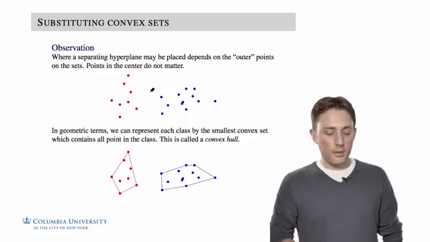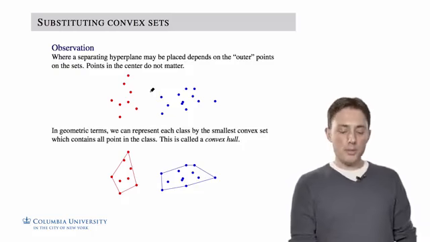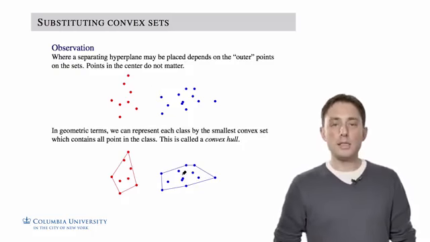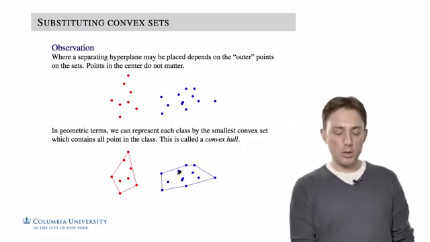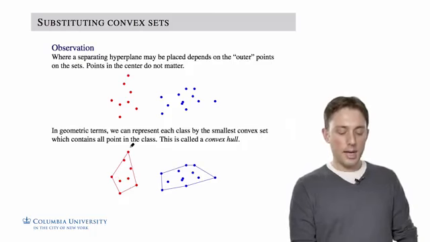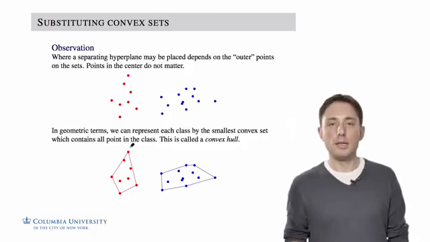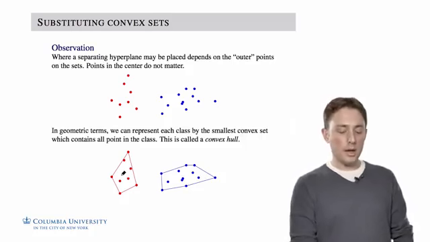Geometrically and mathematically, what that means is that we can represent each of the two classes by the convex hull. And what a convex hull is, is the smallest convex set that can be drawn around the data set. So in the next slide, I'll be more specific about what it means.